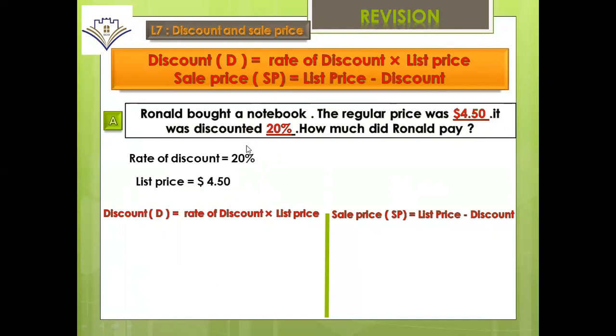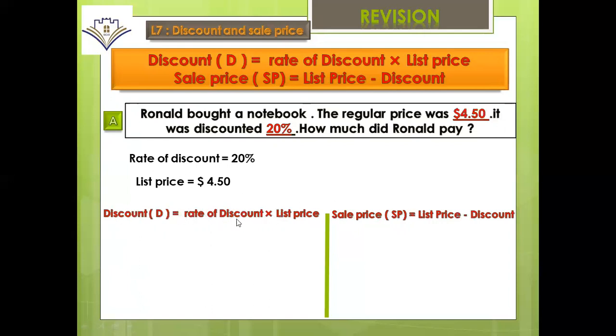And 20% refers to the rate of discount. Then we have two numbers here: 20% is the rate of discount, and $4.50 is the list price. To get the discount and the sell price, we have two rules that we said before.